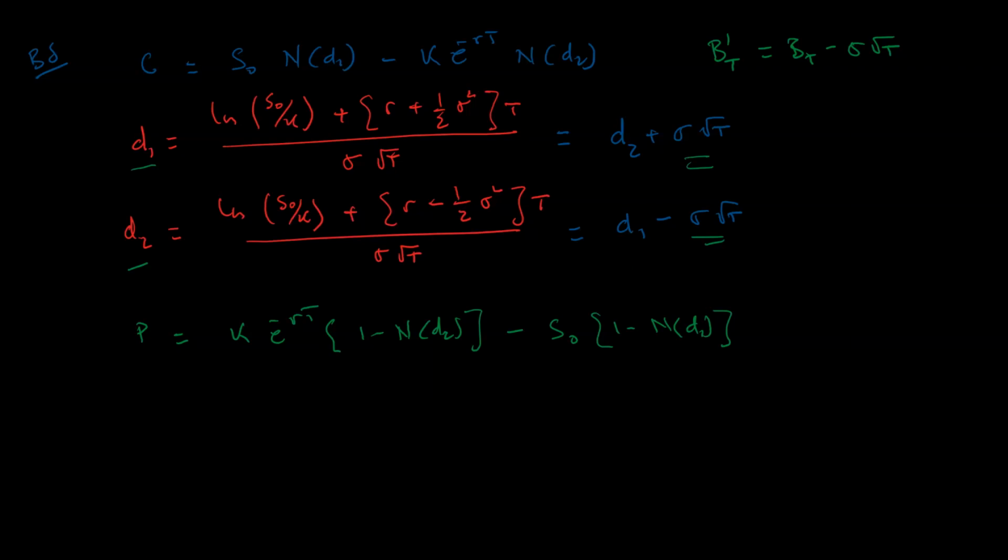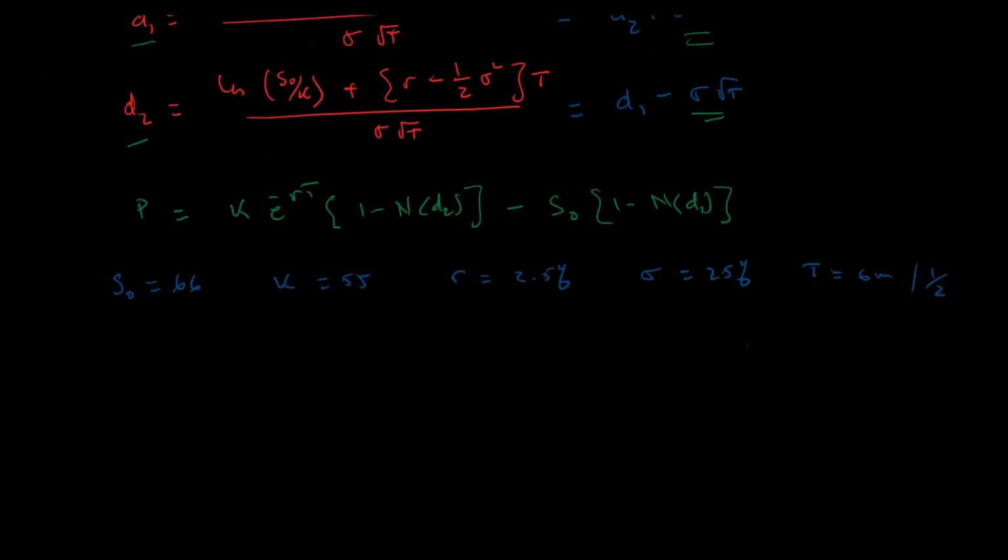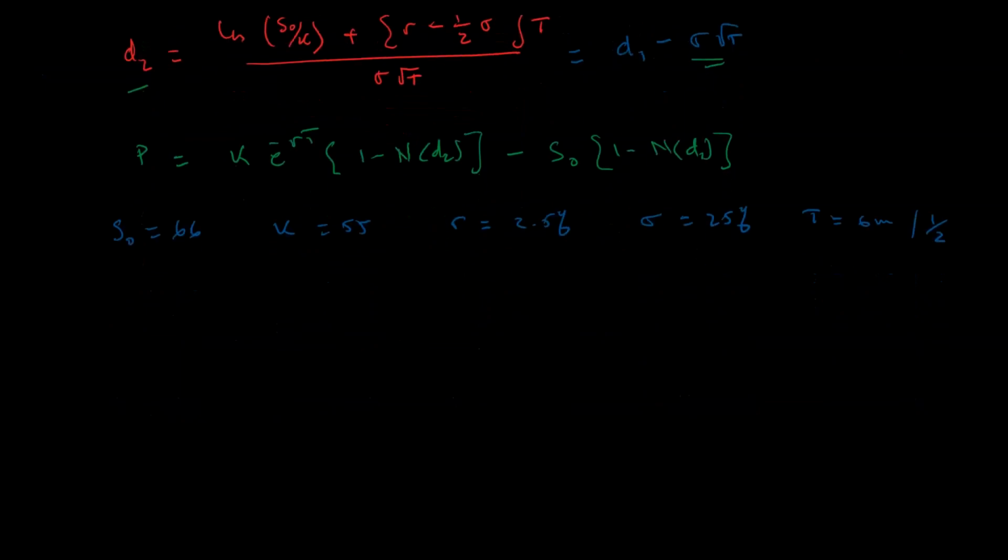Now let's recall the data that we have. S0 is 66, strike price was 55, R was 2.5%, sigma was 25%, T was 6 months, or 1/2 of a year. Okay, so let's compute D1 and D2.